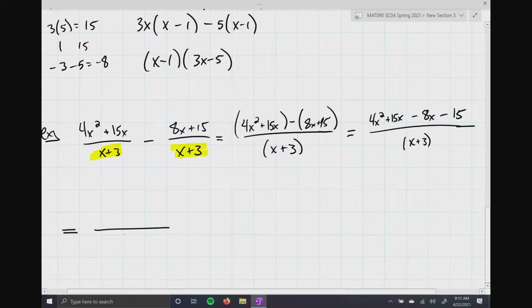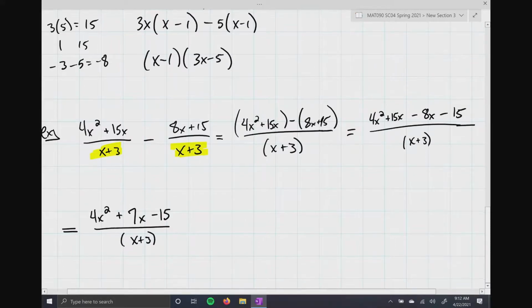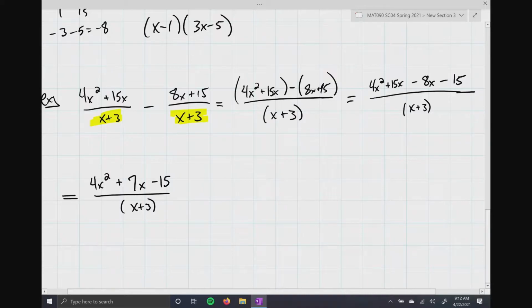So I have 4x squared, and then I have 15x minus 8x, and I think that's going to be positive 7x, minus 15.